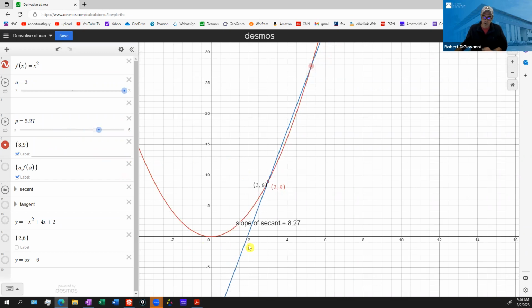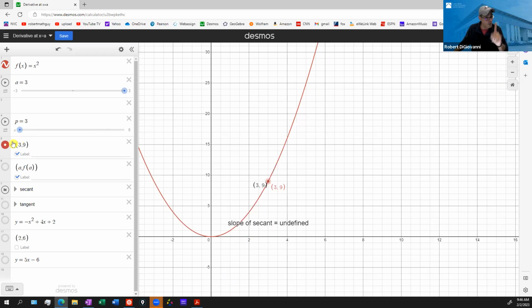We had our anchor point 3,9 here, and we were trying to find the equation of the tangent line through that point. So we took a point to the right and we slid it over, and keep an eye on the slope right here, 8.27. As I slide that point over, notice the slope of that line's changing. It's getting closer and closer to what? 6, right?